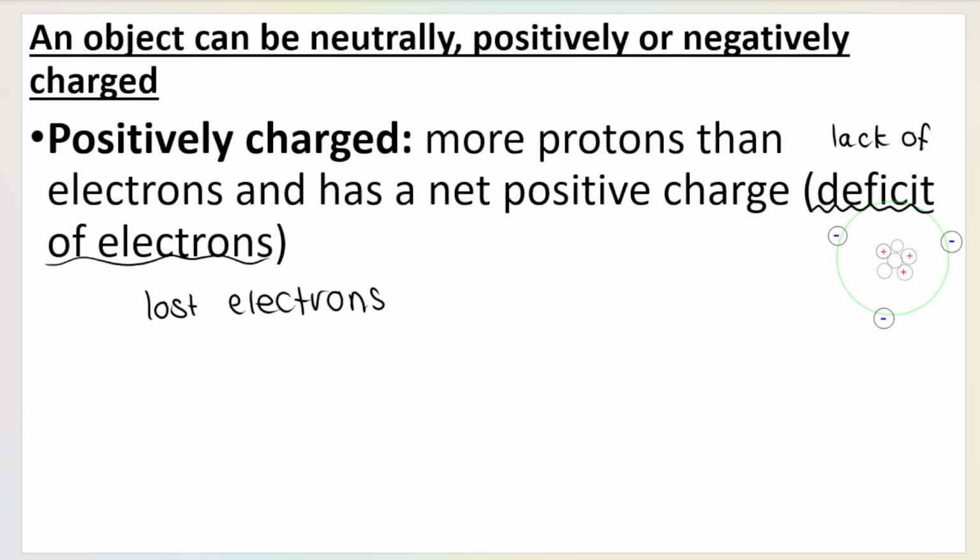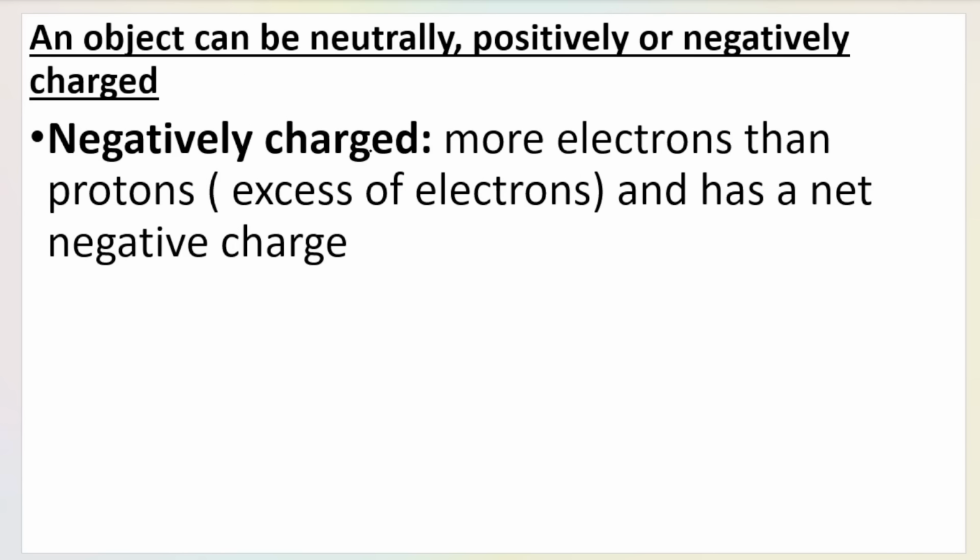And that's what makes them positively charged. Now remember, electrons are negative. So if you lose electrons, you're losing the negative stuff, leaving you positive. Negatively charged objects have more electrons than protons. They have an excess of electrons, which means they have a lot more electrons than protons, and therefore are negative.